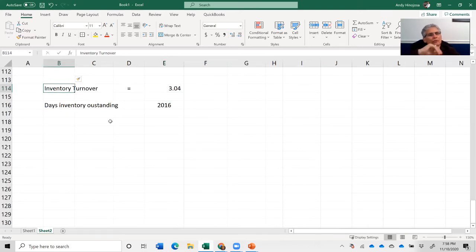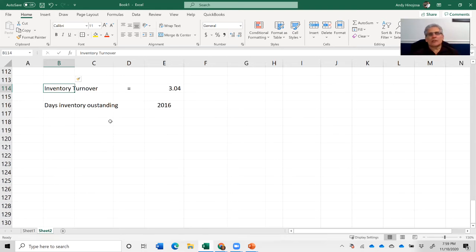So now that we've computed the inventory turnover rate of 3.04, the PowerPoint, for whatever reason, ignores what is referred to as days inventory outstanding. And what that means is how many days does inventory sit on the shelves or in a warehouse or wherever it is? How long does it sit there?